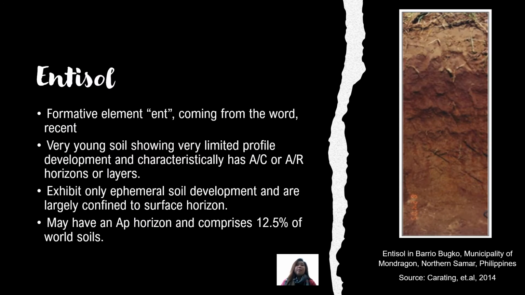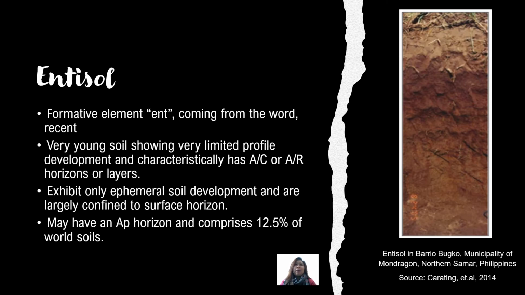It has the formative element "ent", coming from the word recent. Entisols are very young soils showing very limited profile development and characteristically have the transitional horizons of A/C or A/R horizons or layers. So meaning you only have the topsoil and the parent material, or the topsoil and the bedrock.